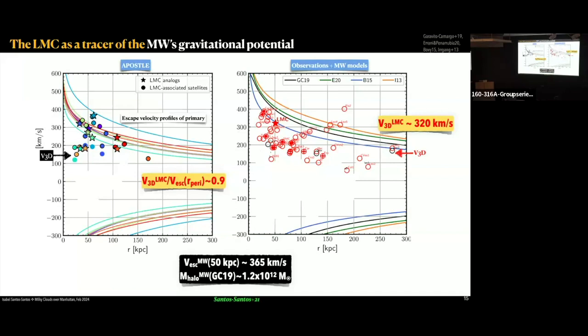It seems like our result would favor the model of Garavito-Camargo 2019, the black line, who used a mass for the Milky Way of 1.2 times 10 to the 12. So the LMC is also useful to constrain the Milky Way's gravitational potential at a radial distance at which we don't really have many other tracers.